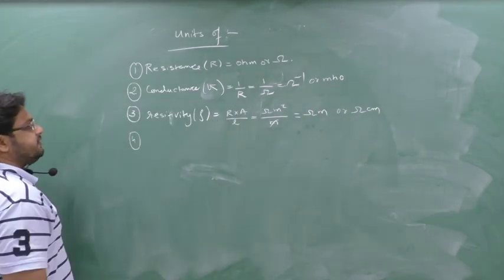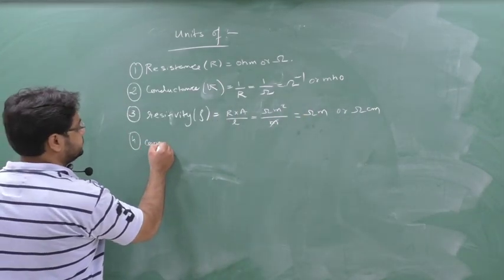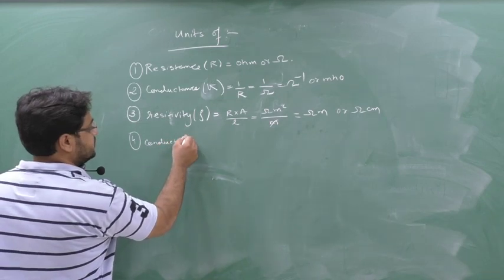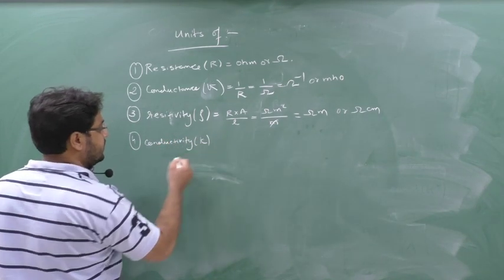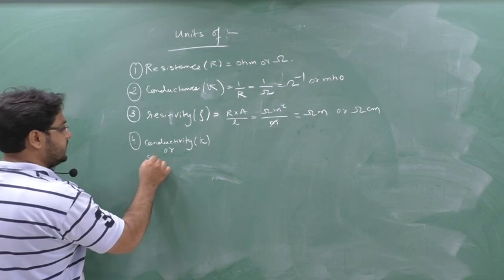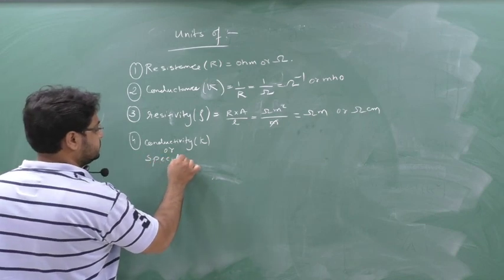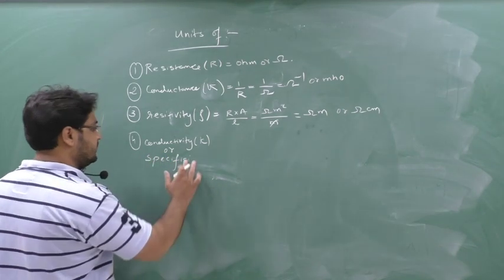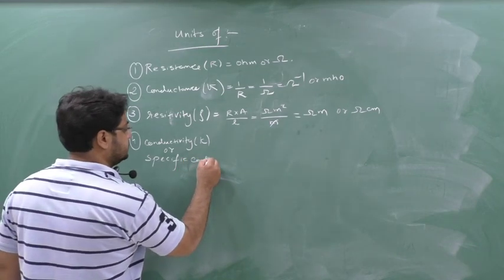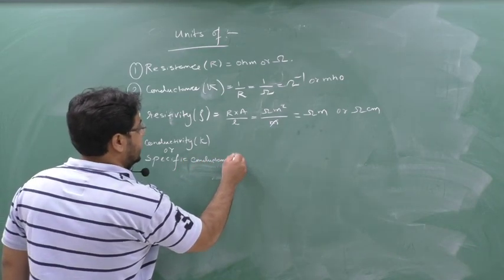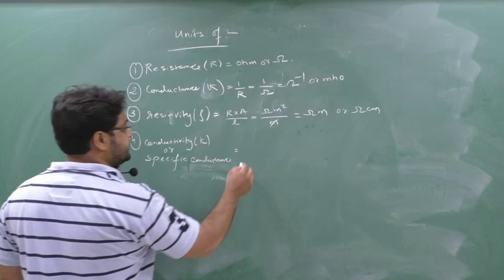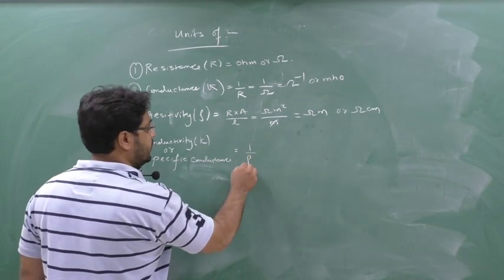Now after resistivity we defined conductivity. Conductivity was kappa K, or another name was specific conductance. And it was inverse of what? This specific kappa was inverse of rho, 1 by rho.